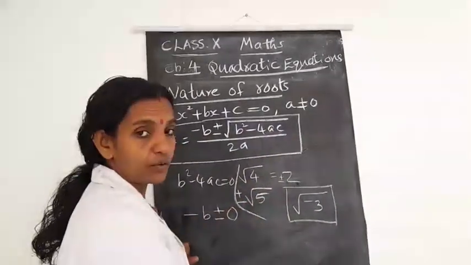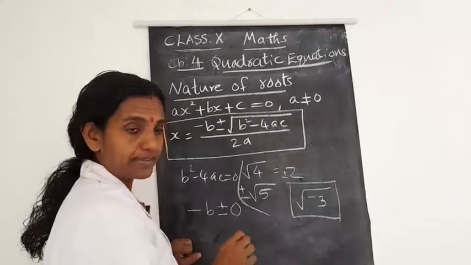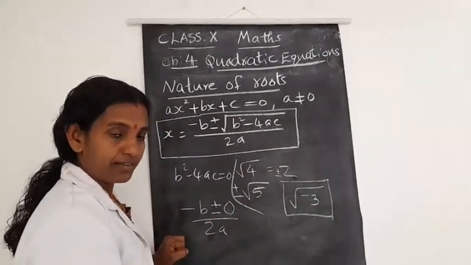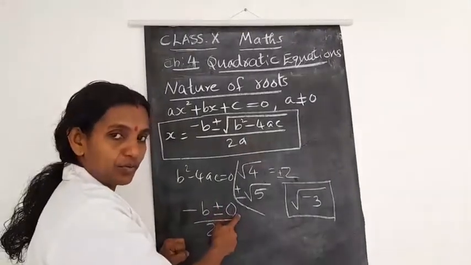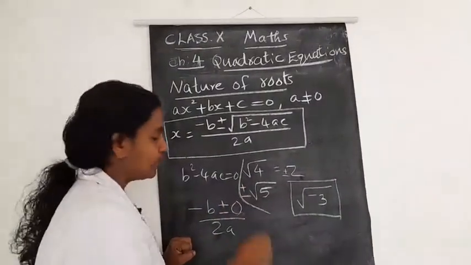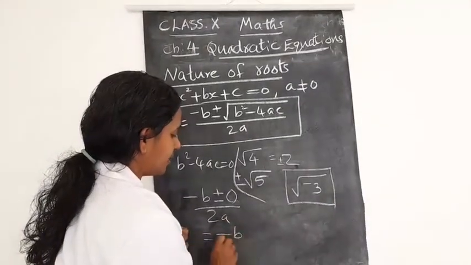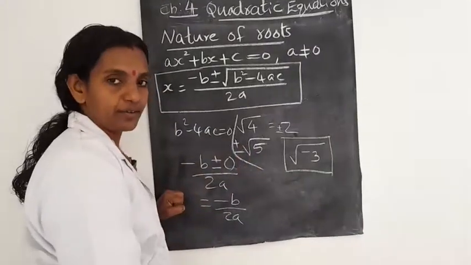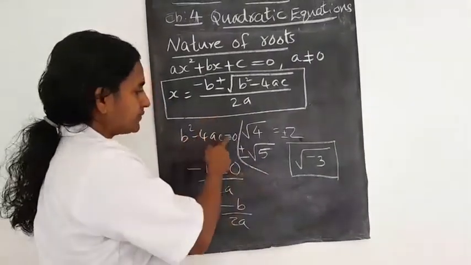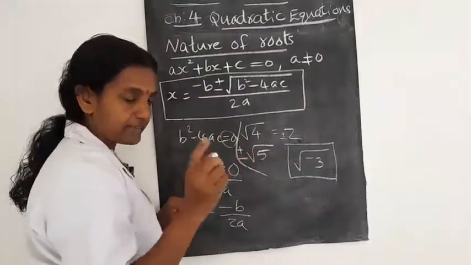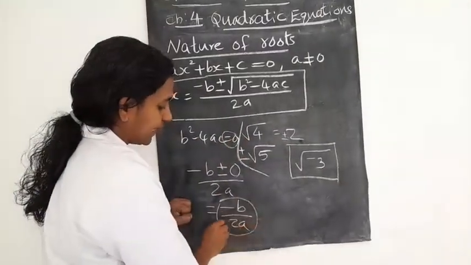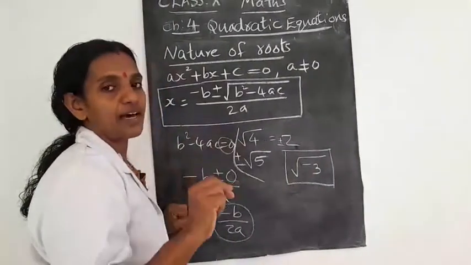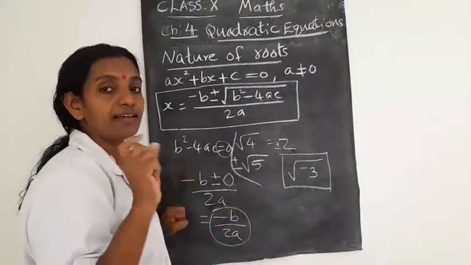Root of 0 is 0, so it is plus 0 or minus 0 by 2a. Both values are the same, so you get the value negative b by 2a. So if b² − 4ac equals 0, both the values are the same, or both the solutions are equal.